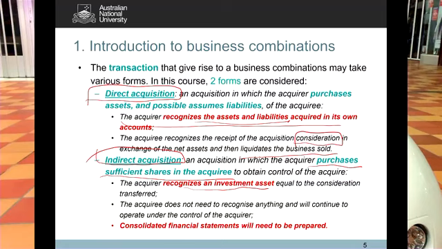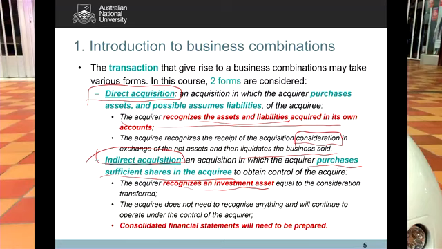And the acquiree doesn't need to recognize anything, and they will just continue to operate under the control of the acquirer. So they operate as their own business as they have been operating. They don't cease their operation and they don't need to recognize things.